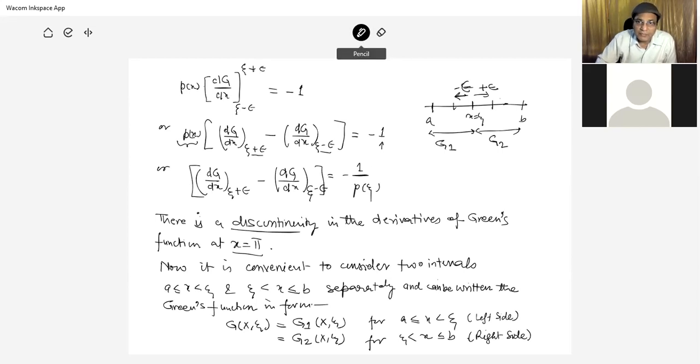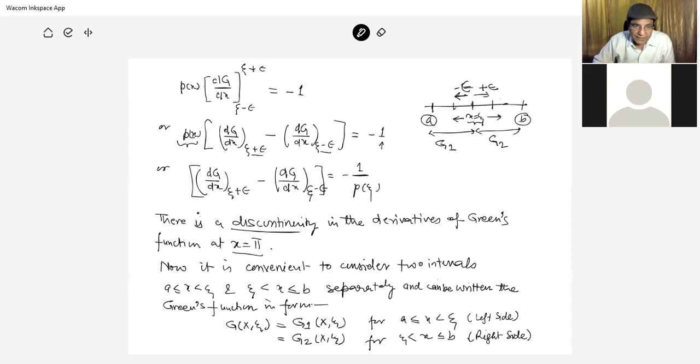What we mean by this is, as given in this diagram, here it is the point a and this is the point b. So x lies between a and b, but from the given point x equal to xi, we have classified two sides, the left side as well as the right side.